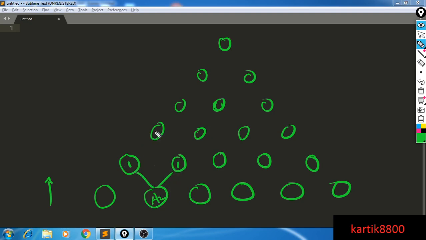How about this one? This one will get the contribution of A2 exactly twice. This one will get the contribution of A2 exactly once. What about this one? This will get the contribution of A2 thrice, because 2 times from here and 1 time from here. There were 2 A2s here and 1 A2 here, so thrice.